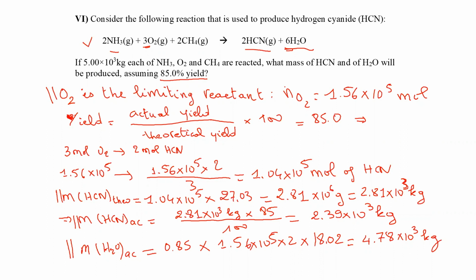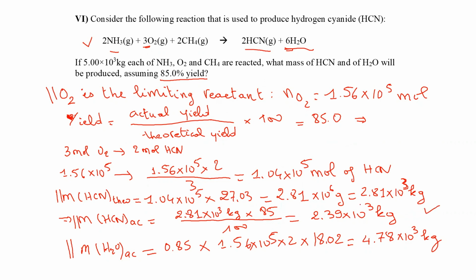Here we also have the yield that is not 100%, so you need to take it into account to calculate the actual mass that you get. So we can calculate the theoretical mass using the balanced reaction, and then you have to correct it with the actual yield, which is here 85%, so 0.85. When you multiply it, then you get the mass of HCN.